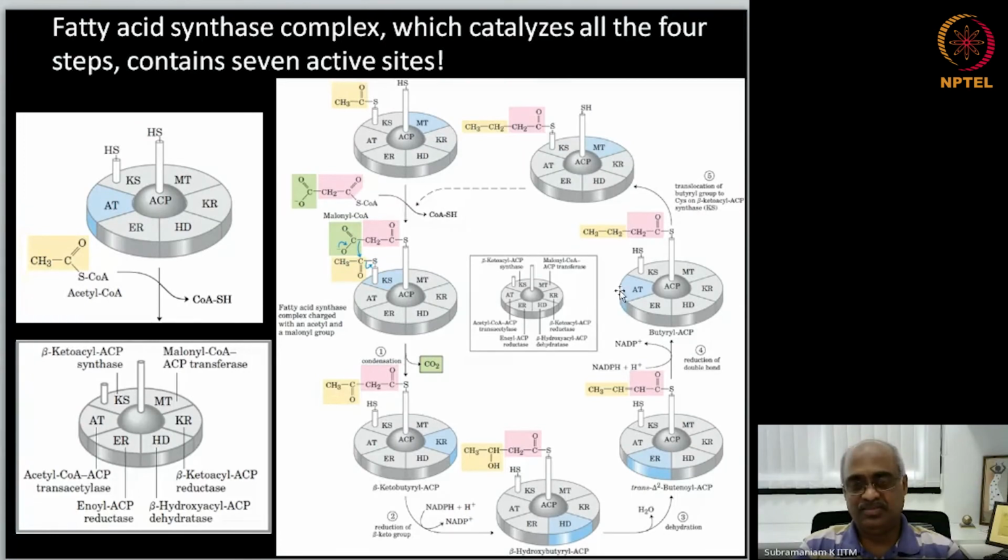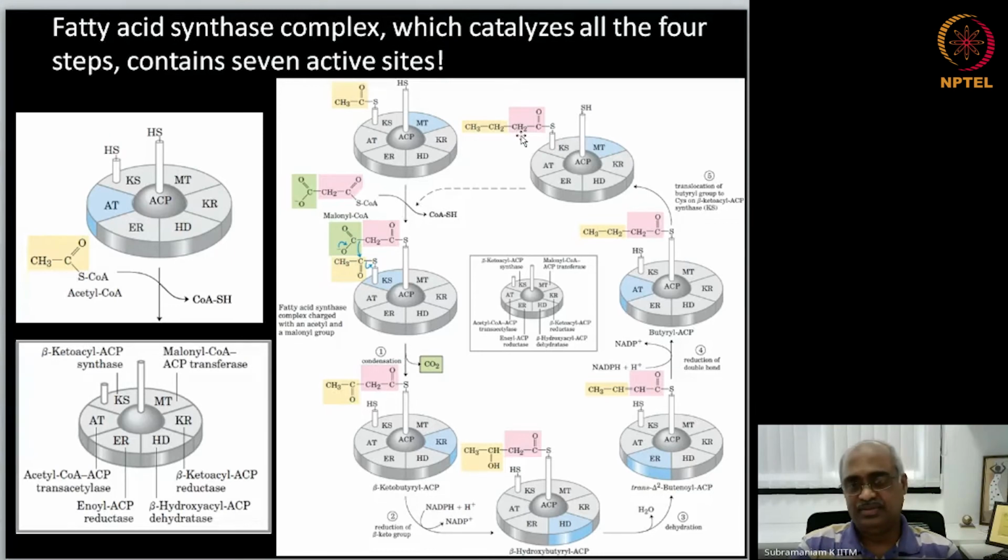Now you have this acetyl-CoA transacetylase enzyme transferring this from this ACP thiol group to this ketoacyl synthase thiol group. Okay, so like this. So this is the reason it is called transacetylase.